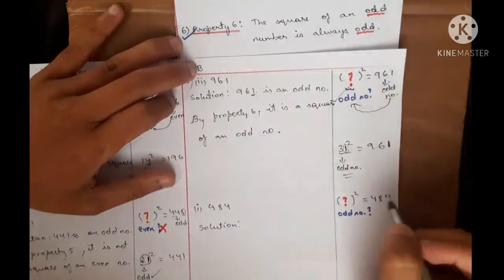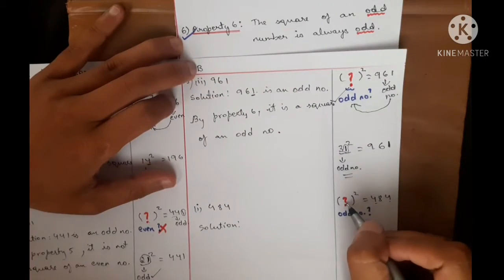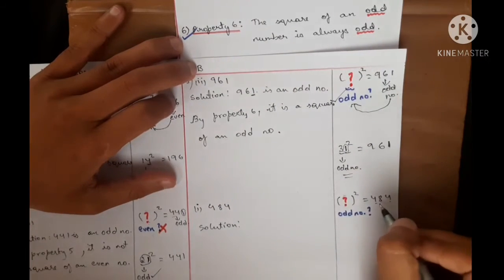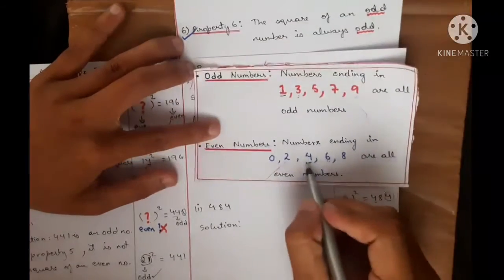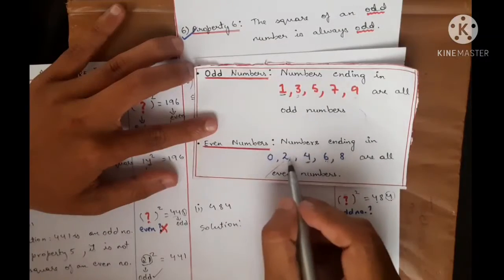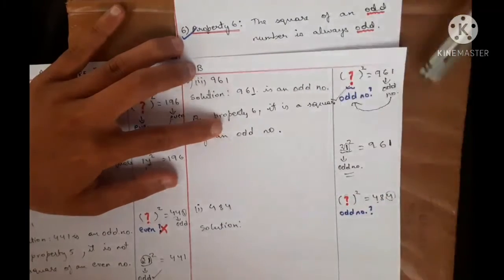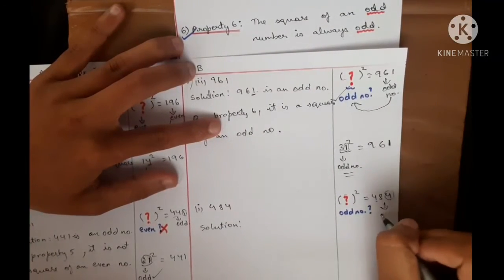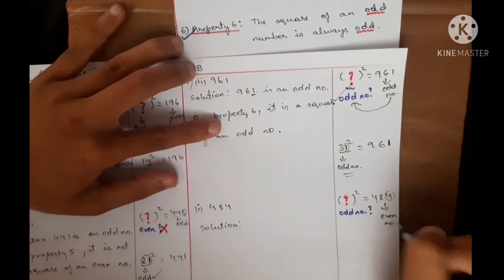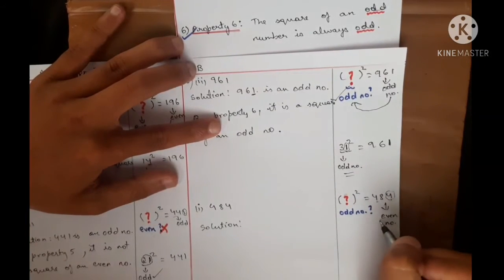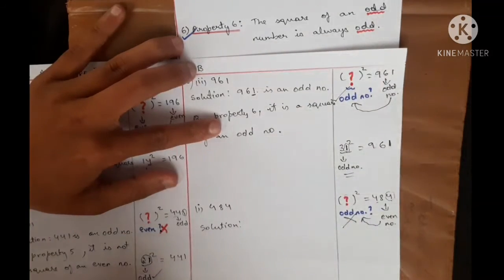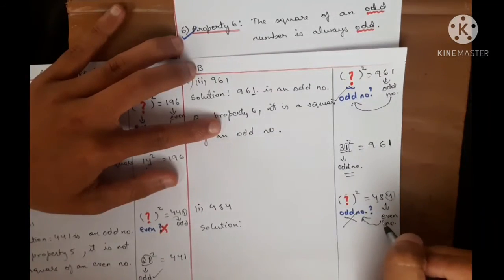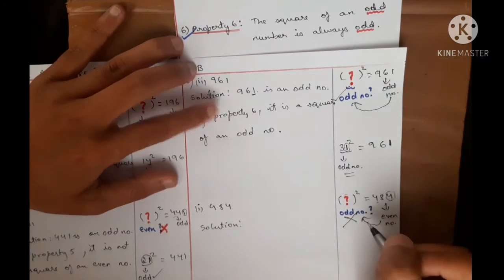By property 6, if this is odd, the number will also be odd, isn't it? But 484 ends in 4, and 4 is always an even number. So 484 is an even number. Since this is an even number, the number will never be an odd number.